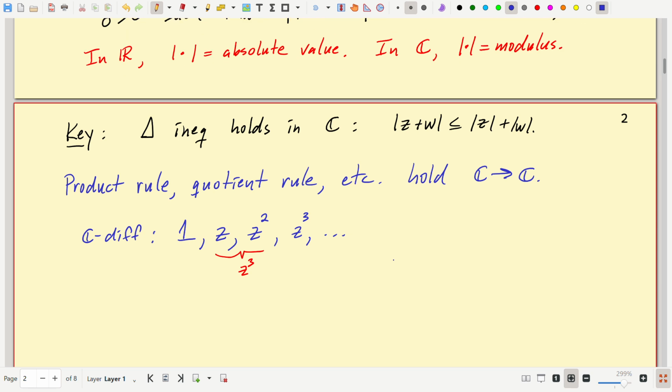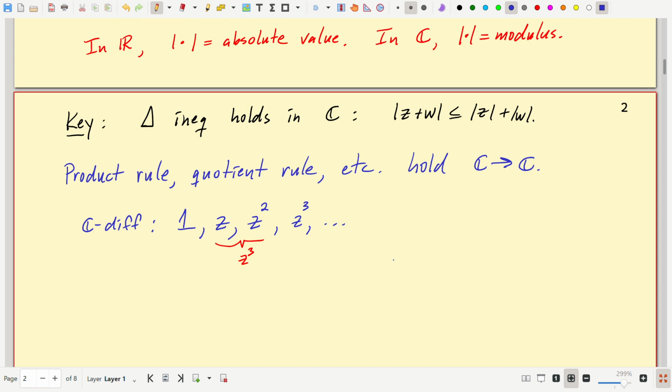And therefore linear combinations of them would be too, because you can see that's a linear operator pretty easily. So polynomials are complex differentiable, just like you showed in freshman calculus. And consequently, we know the product rule, quotient rule.